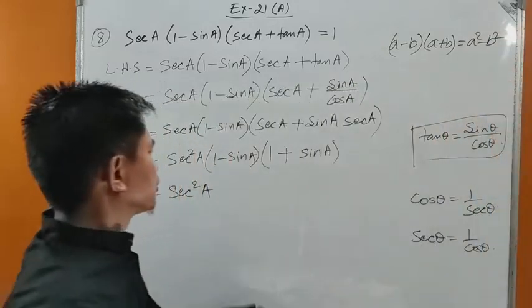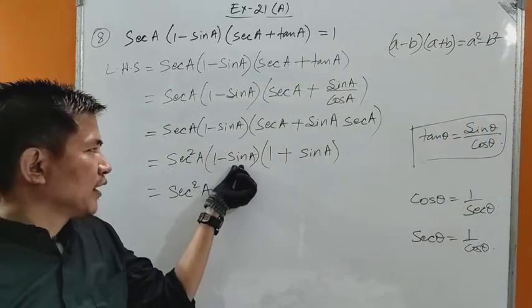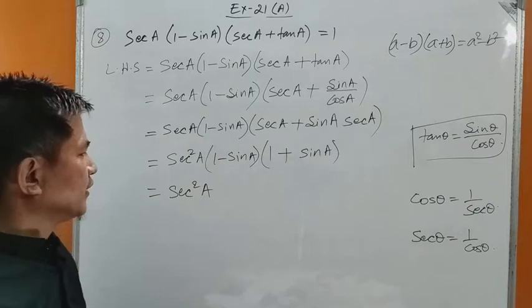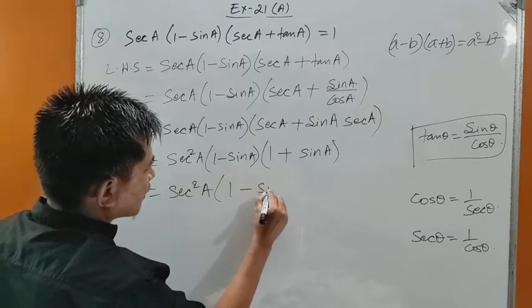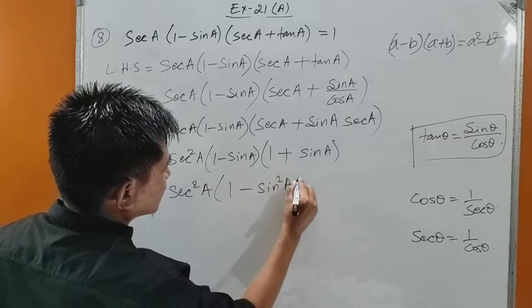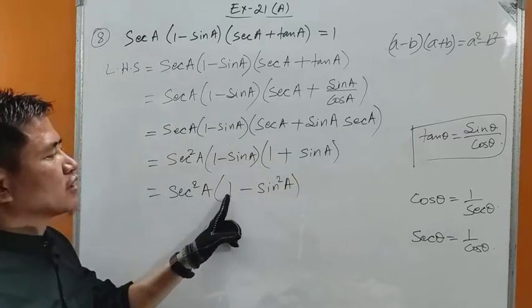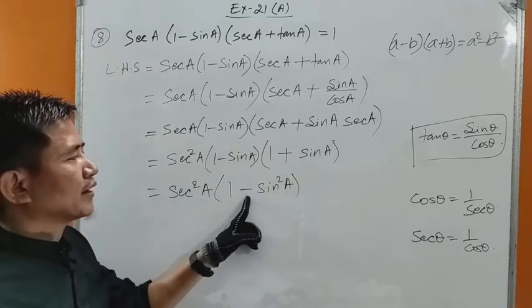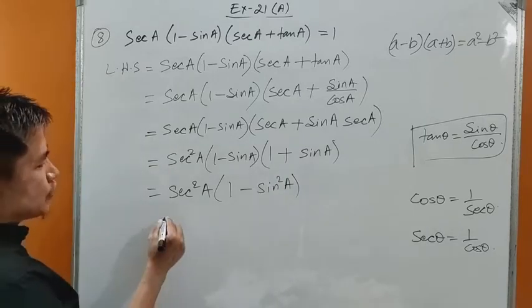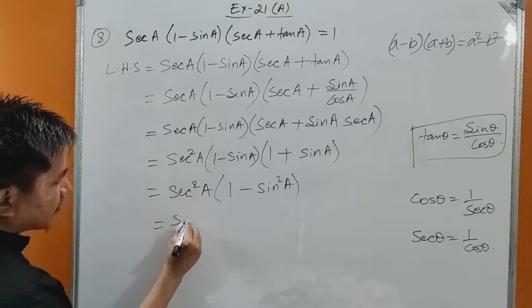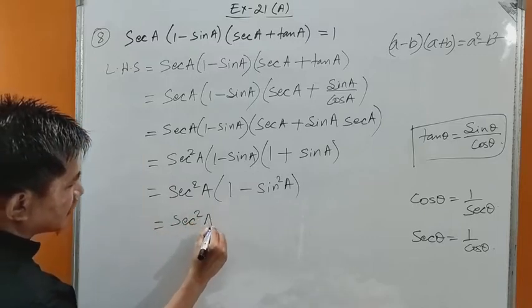So A minus B into A plus B can be written as A square minus B square. A square means 1 square, 1 square means 1, minus B square means sin square A. So this sec square A we copy as it is.